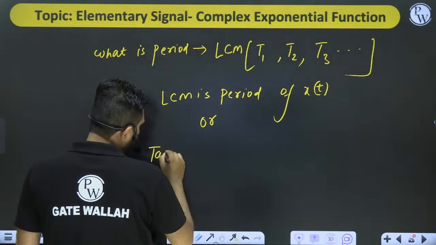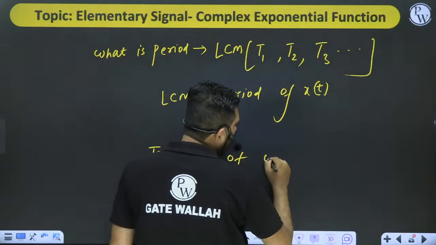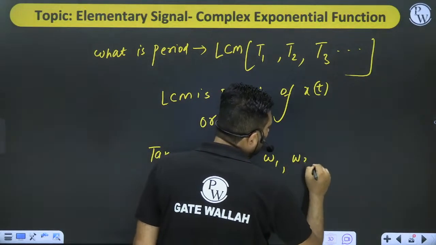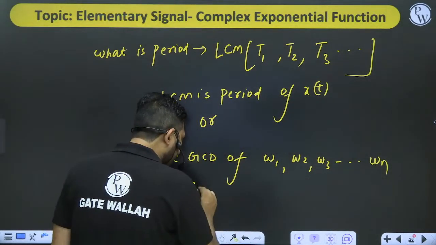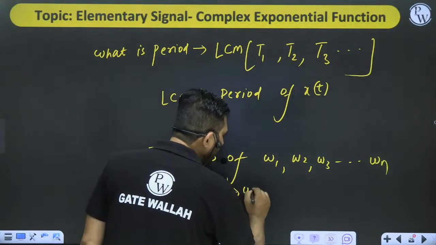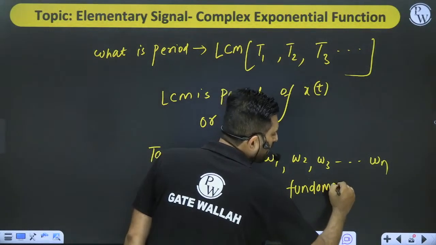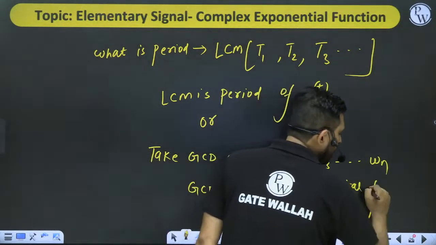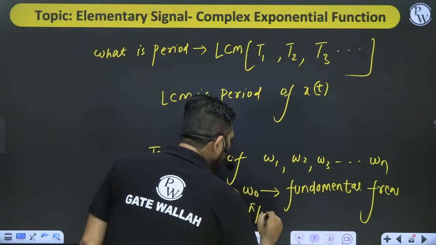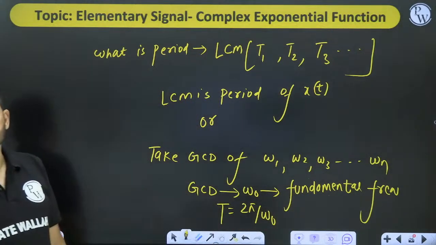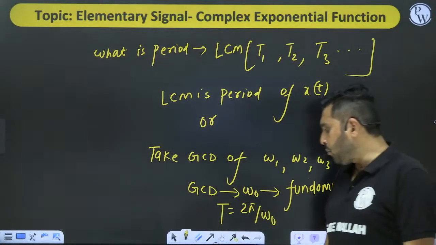Or take the GCD of omega 1, omega 2, omega 3, up to omega n, and that GCD I'm calling omega naught, the fundamental frequency, and T is 2 pi over omega naught.